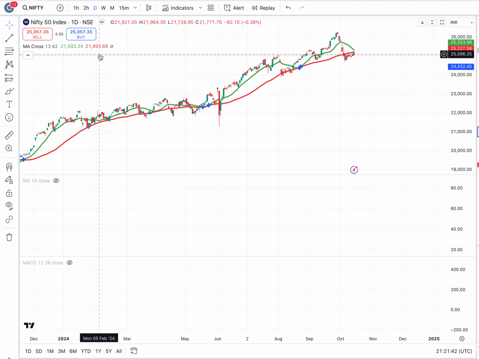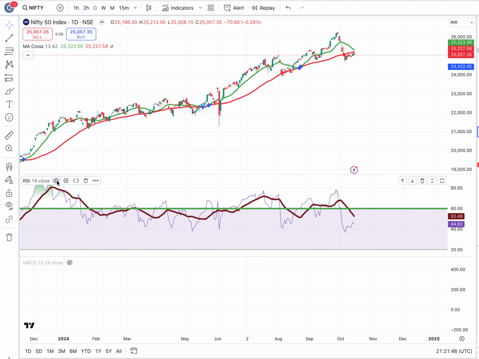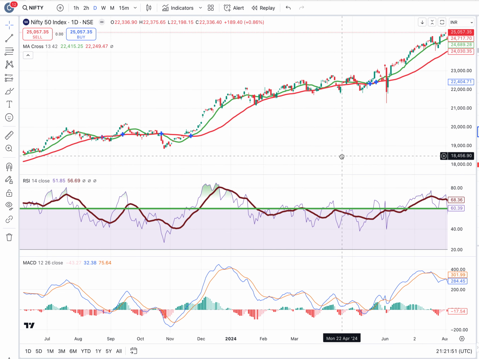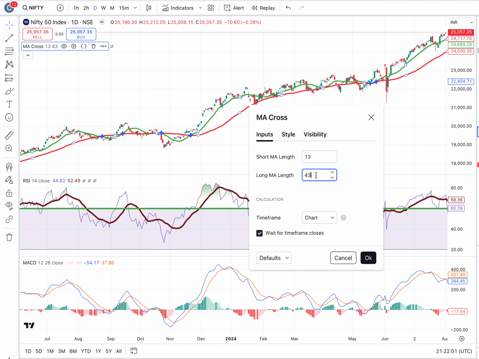I would definitely recommend you look at this, and if you have the support from MACD and RSI, I would definitely say you should consider buying this. Short term, again, you can consider this.